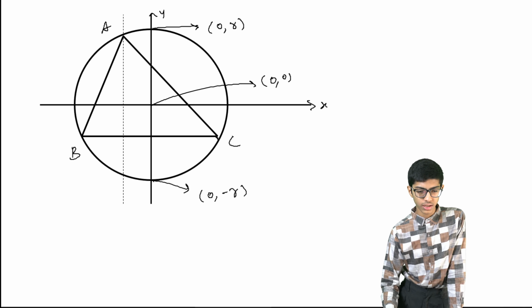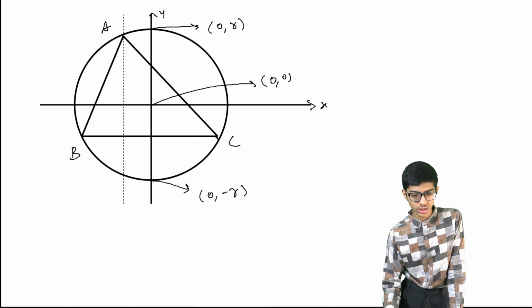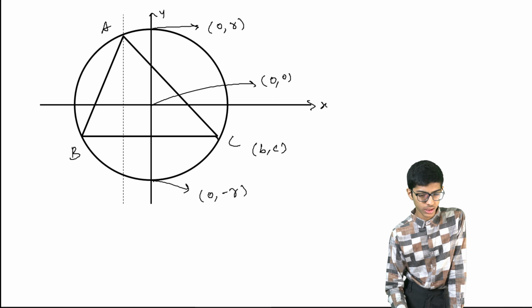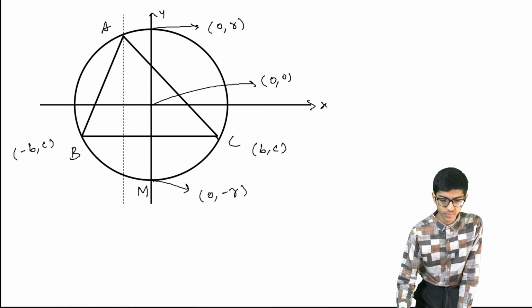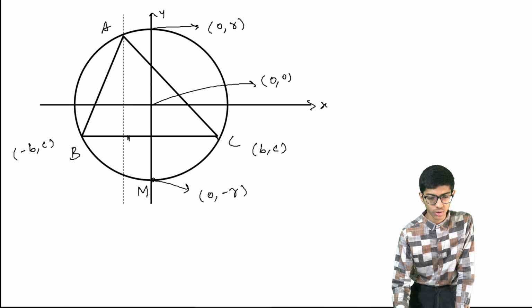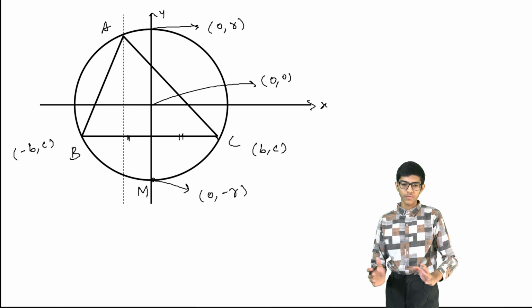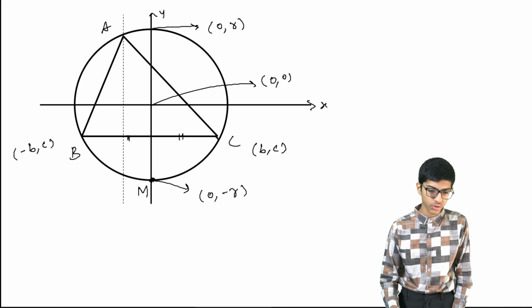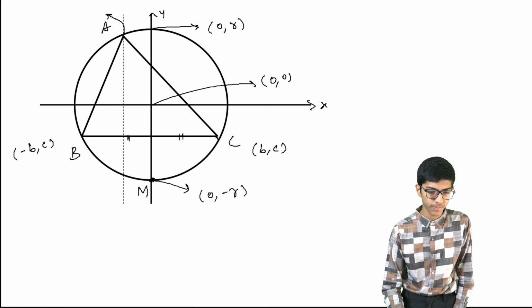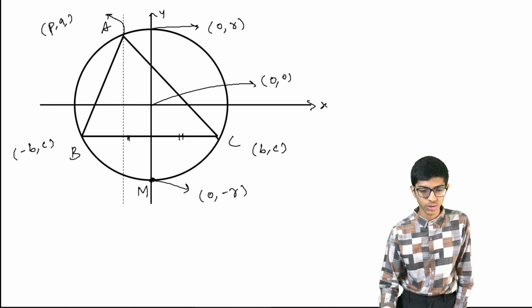Now assuming that we name the coordinates, for C we name it as (b, c). For B we name it as (-b, c), since the midpoint M lies on the y-axis. So we make it such that the midpoint M lies on the y-axis, and then for A we have the point (p, q).